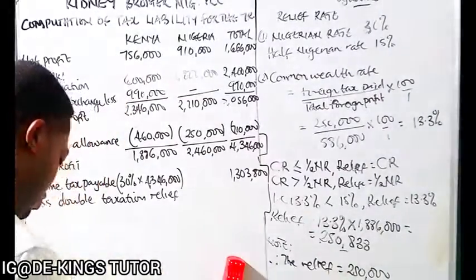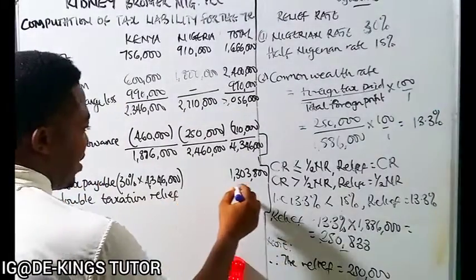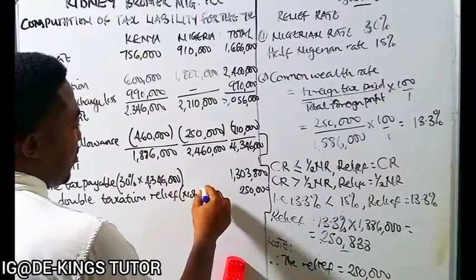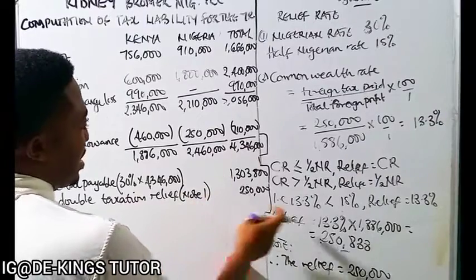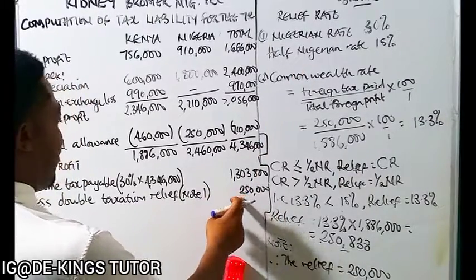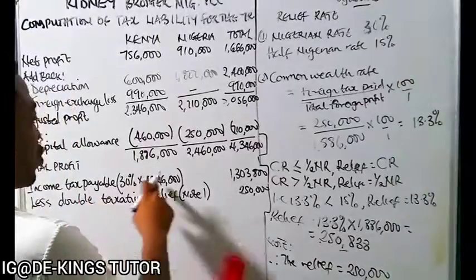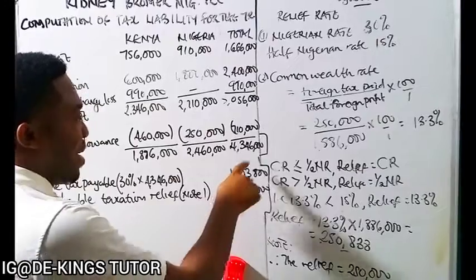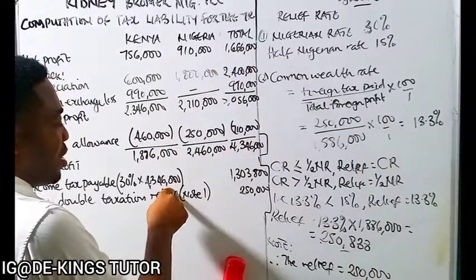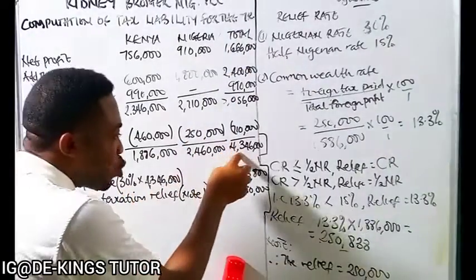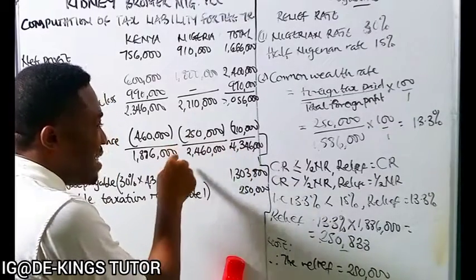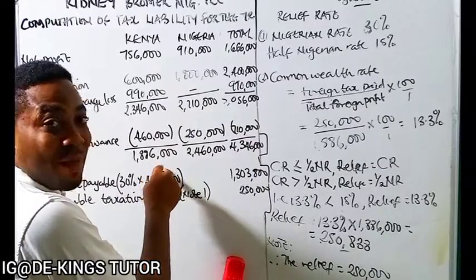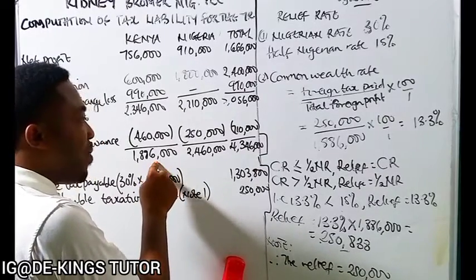Okay, so when I say the double taxation relief is 250,000, we can put this as note 1. This is the essence of why we did all this, to know the relief, what they will reduce for him. Remember, this is what he is supposed to pay, but inside this total money, there is an income for which he has already paid tax, which is the income that came from Kenya.